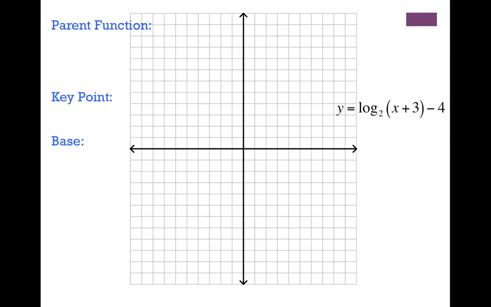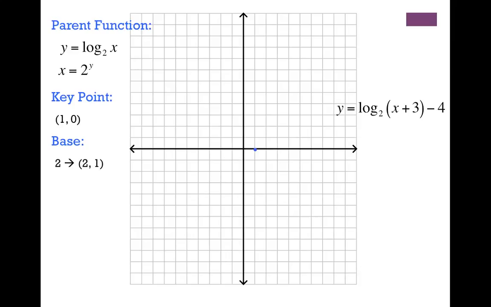All right, so if we go through the same process, our first step is to identify the parent function, which in this case will be log base 2 of x equals y. If we rewrite that in exponential form, then we're going to get x equals 2 to the y power. The key point to that is still the point (1, 0), so we can plot that.